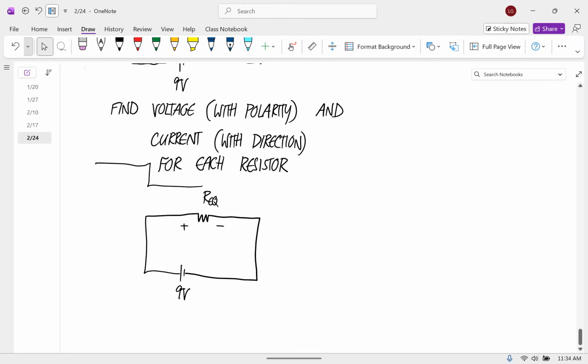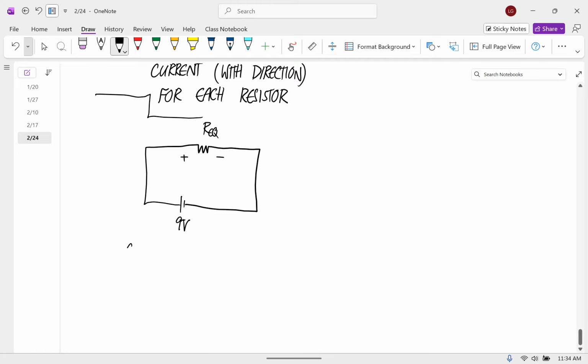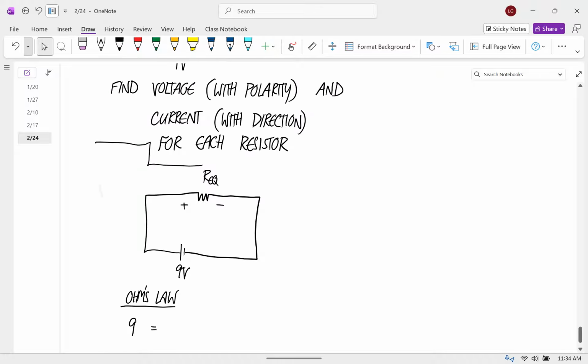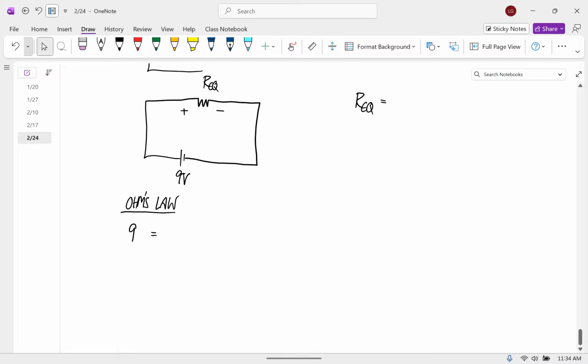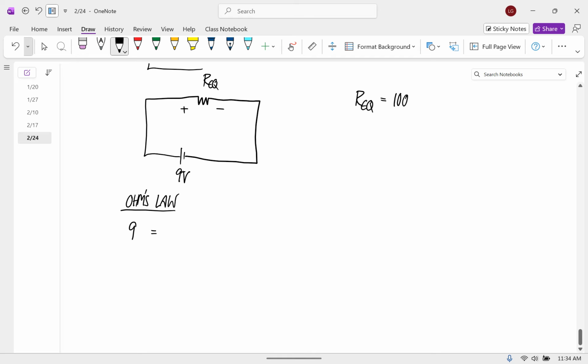And Ohm's law says 9 is equal to I times R. The equivalent resistance is the sum of those two, which is 1,000 plus 10,000, so 11,000. So 9 is equal to 11,000 times the current.